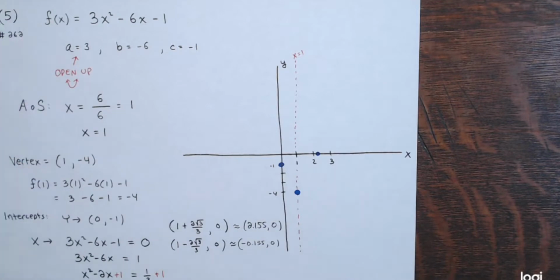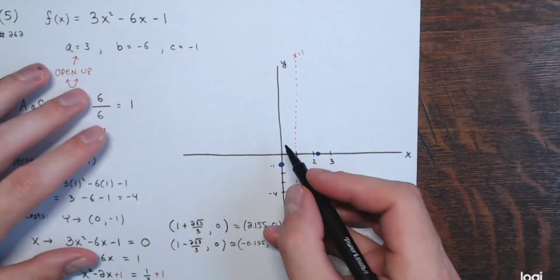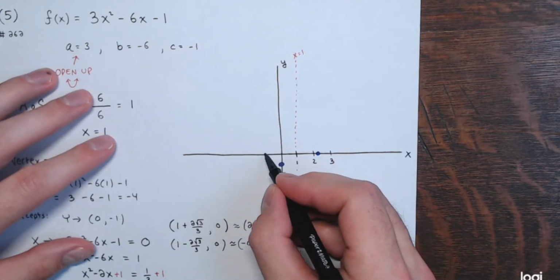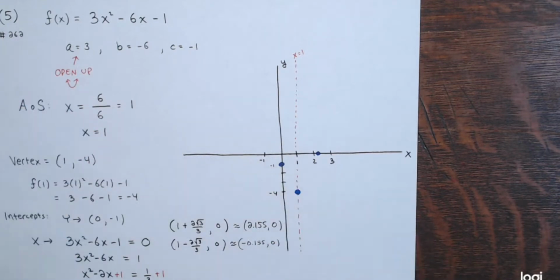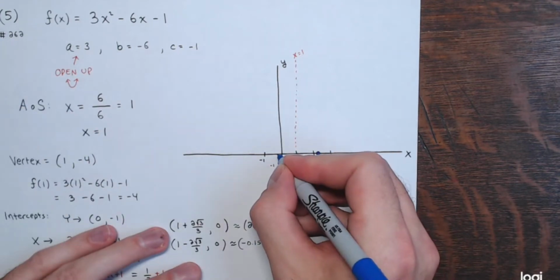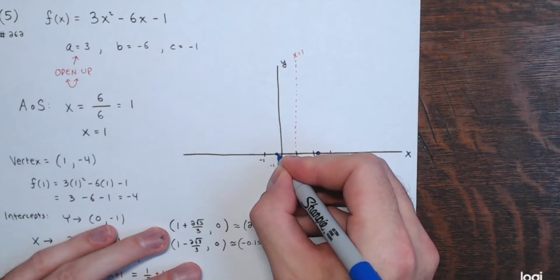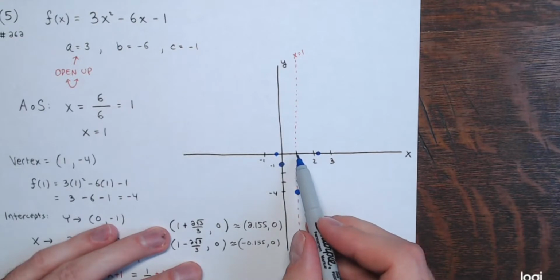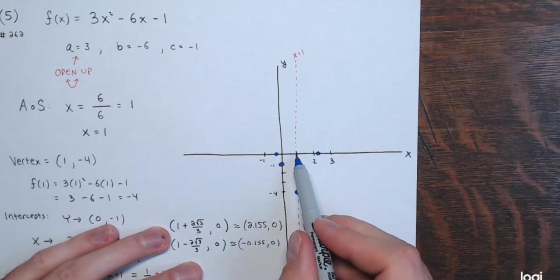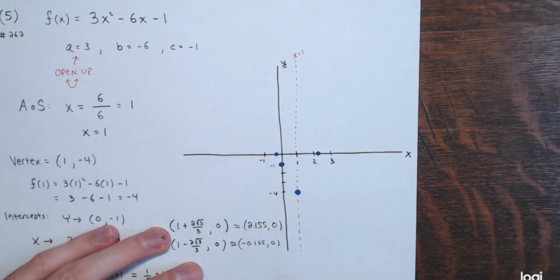And then the other intercept is a little bit to the left of 0. So here's 0, and here's negative 1, a little bit left of 0, negative 0.15, so maybe around here. Based on symmetry, the distance from the axis of symmetry to one intercept should be the same as the distance to the other intercept.